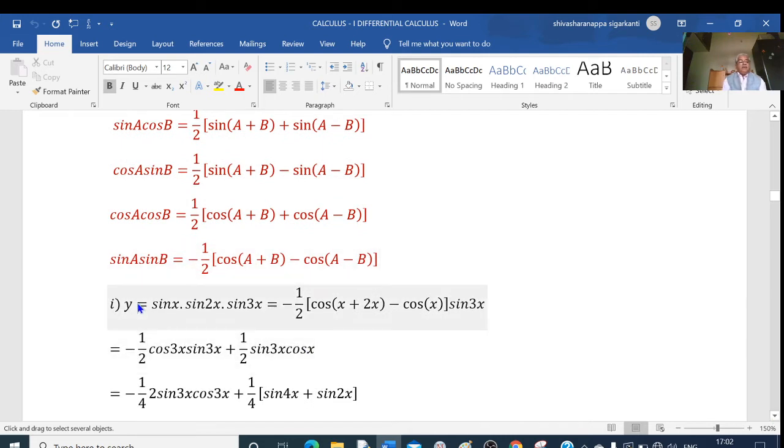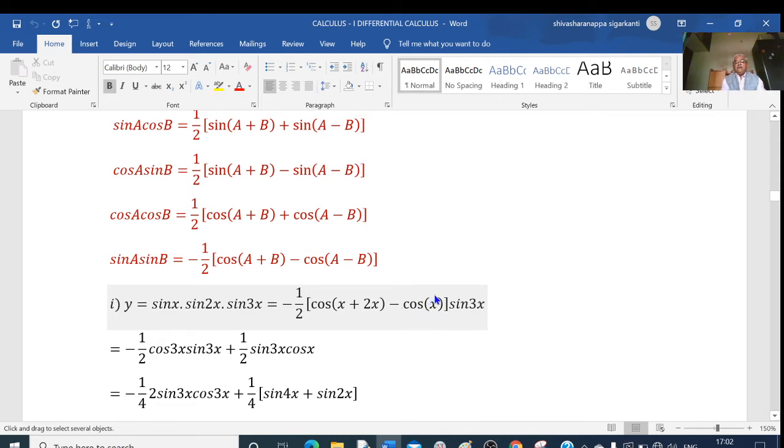The first example is given that y equals sin x sin 2x sin 3x. I will keep the sin 3x as it is. For these two, I am applying the last formula, sin A sin B, since this is in the form of sin A sin B. Sin A sin B equals minus 1 by 2 into cos of A plus B minus cos of A minus B. So that is minus 1 by 2 into cos of (x plus 2x) minus cos of (x minus 2x).